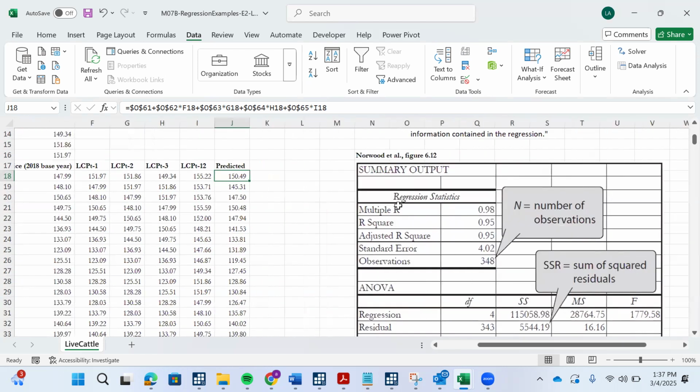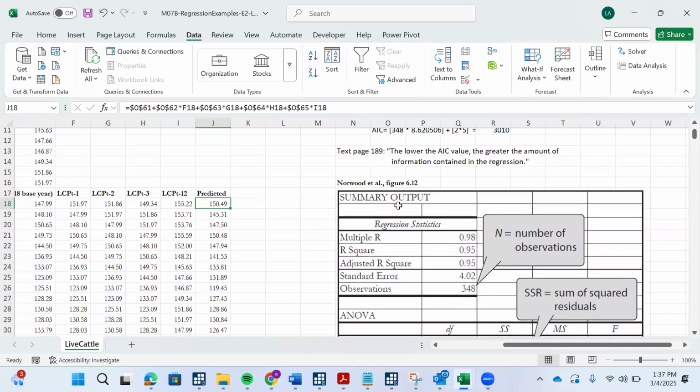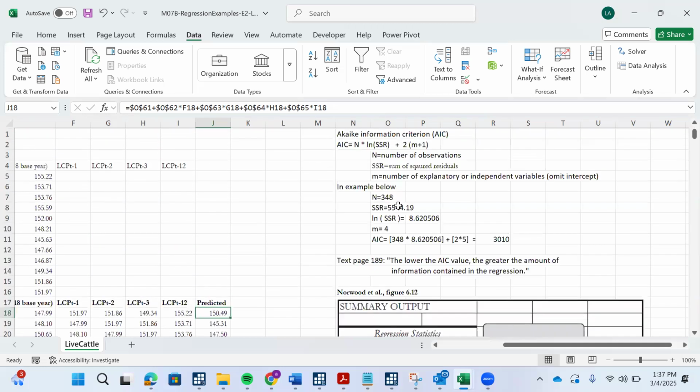So over here, in our example, it's talking about the Akaike information criterion, the AIC, which tells us if we add one more variable to our model, is it a good idea or a bad idea? In other words, how many lags should we use? So here what this is showing is the equation for the AIC, and what it spits out is a number, and we can compare that number between models.